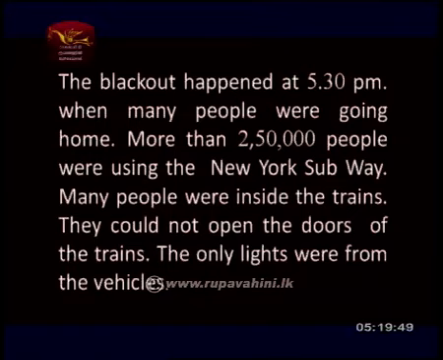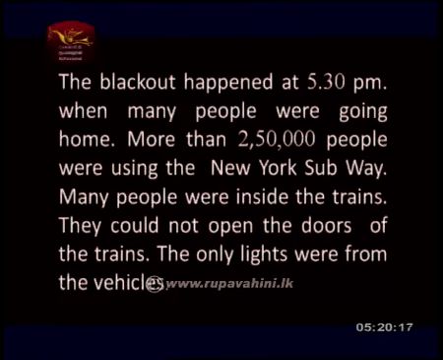Yeah. So in this part, I think we find even some sentences that belong to past continuous tense. Yes. So we will try to find them out first. The blackout happened at 5:30 p.m. So here happened is a simple past tense verb. When many people were going home. So what can we say about that sentence, were going home? It's a past continuous. Yes, a continuous action is there.